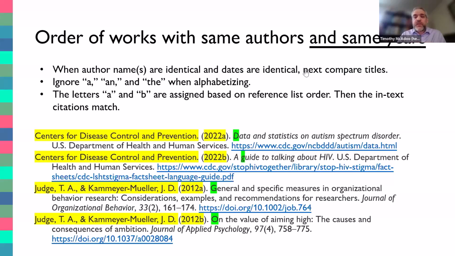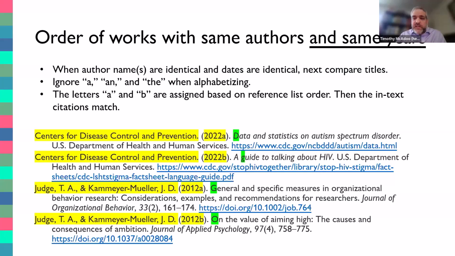And so you have the order, and now you just add the A and the B to the date that's already there. The date of the first reference is 2022a, the second reference is 2022b. And then those letters will also appear in the in-text citations, so that when a reader sees those citations in text, there's no ambiguity about which reference you're referring to.